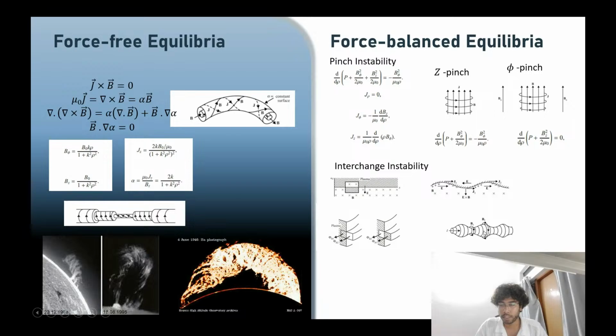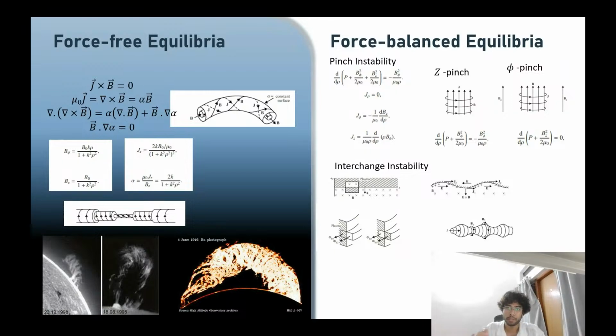So the only condition for this instability is that the flux in the B2 region should be higher than the flux in the B1 region. In that case, this instability will grow, and as you see, these waves will become more prominent. So this region will keep on shrinking, and this region will keep on expanding.